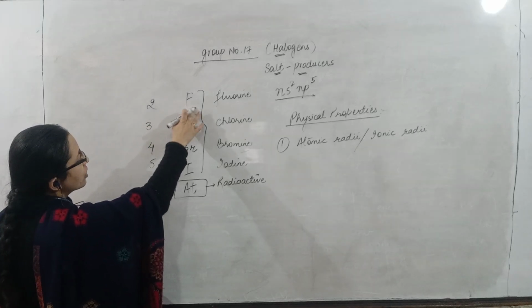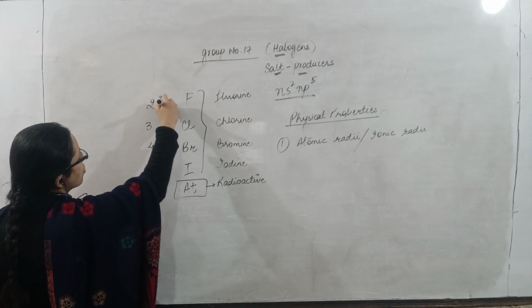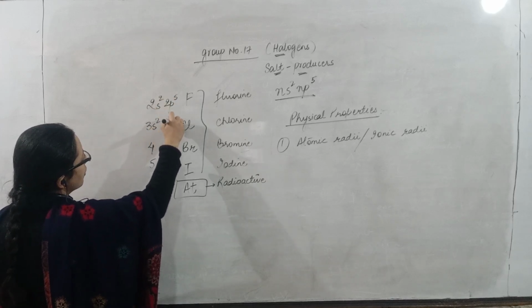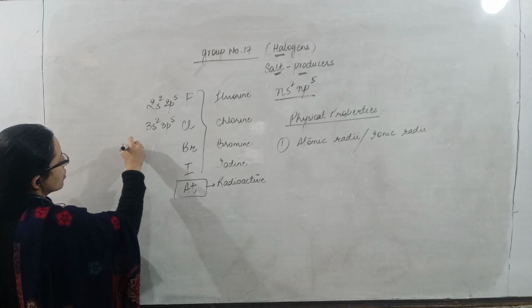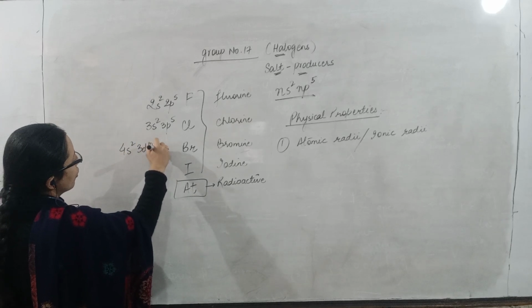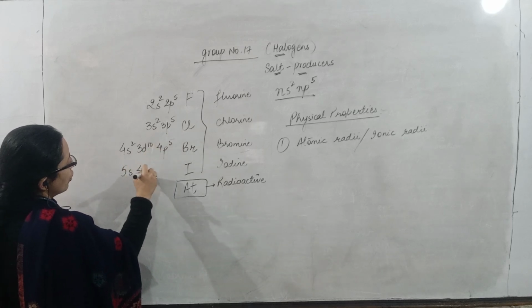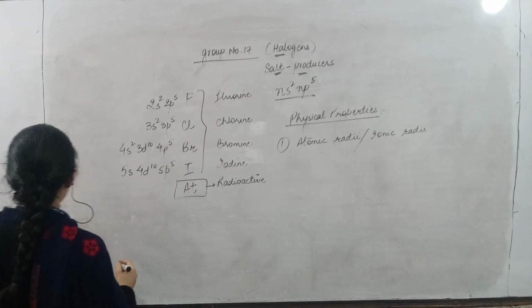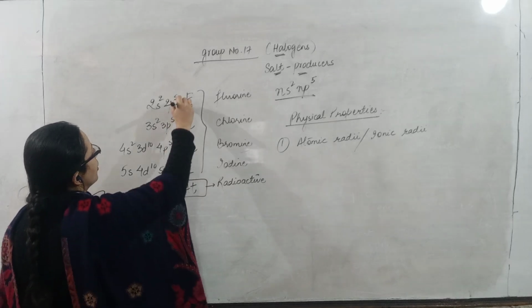The outermost shell configuration for fluorine is 2s2 2p5, chlorine 3s2 3p5. Likewise for bromine, 4s2 3d10 4p5. Iodine, 5s2 4d10 5p5. So the outermost shell configuration is ns2np5, as we just discussed.